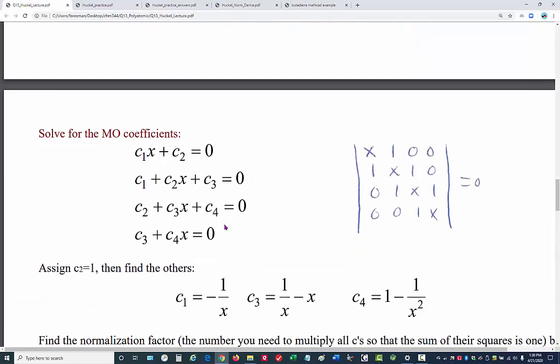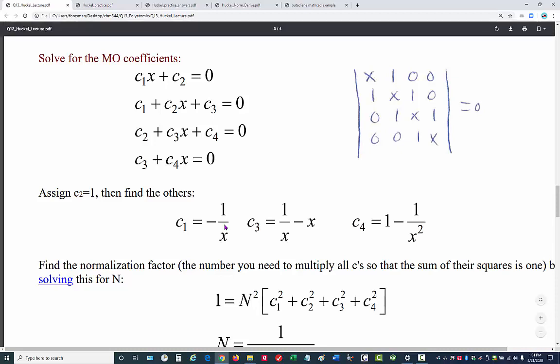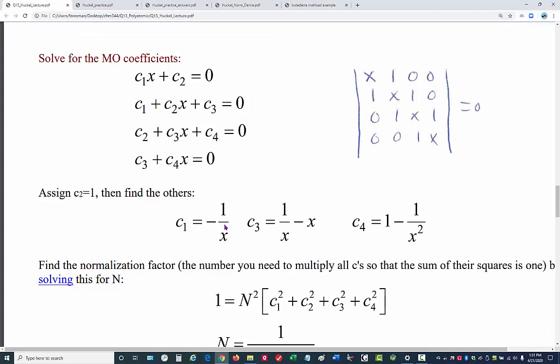Next thing to do is to go back and use our values of x and solve for what the MOs would look like. So just to remind you, this was the original matrix that we used here. And everywhere we see an x, we will have a coefficient for that row and that column.